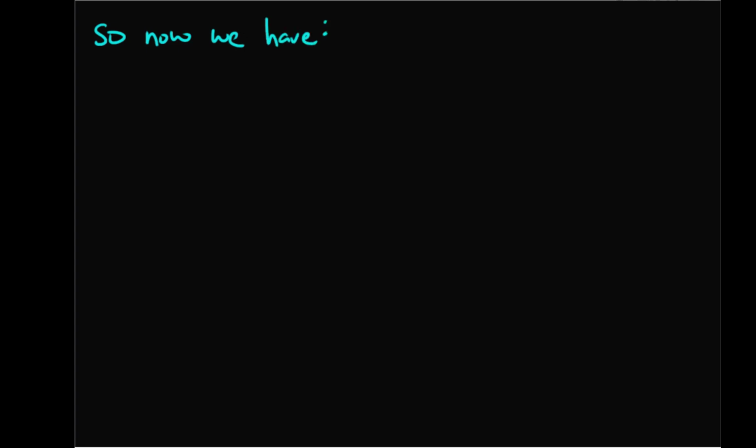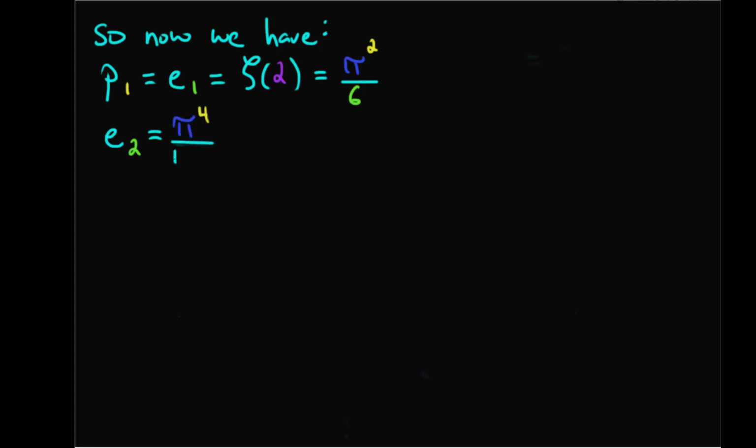And again, we also have that P1 equals E1, which equals zeta of 2, and that equals pi squared over 6. Recall that we also found that E2 equals pi to the 4th over 5 factorial, or 120. We used those facts to find P2, which equals zeta of 4, and we found that that equals pi to the 4th over 90.